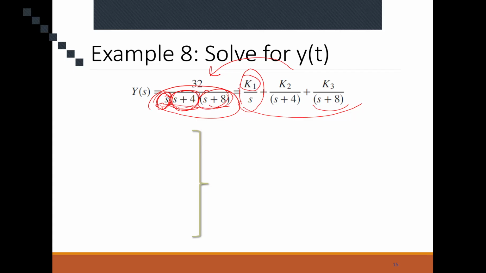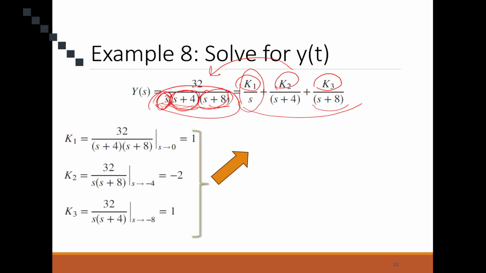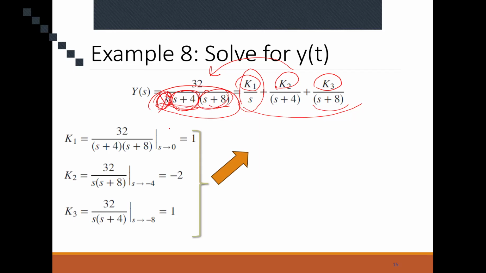Now, these k's are some constants. How can we find them? Did you learn how we can find them before? When you want to find k1, you eliminate the denominator regarding the k1, and the zero of that denominator is when s goes to 0.